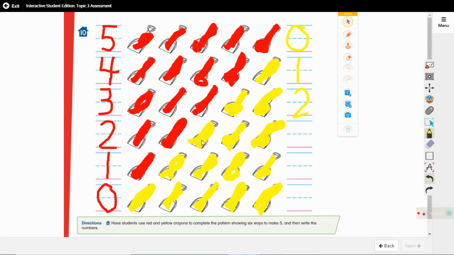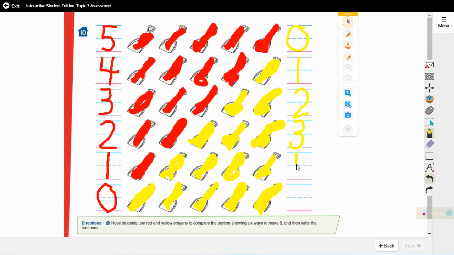How many yellow shovels here? 1, 2, 3. Around the tree and around the tree. That is how we make a 3. How many yellow shovels do we have down here? 1, 2, 3, 4.